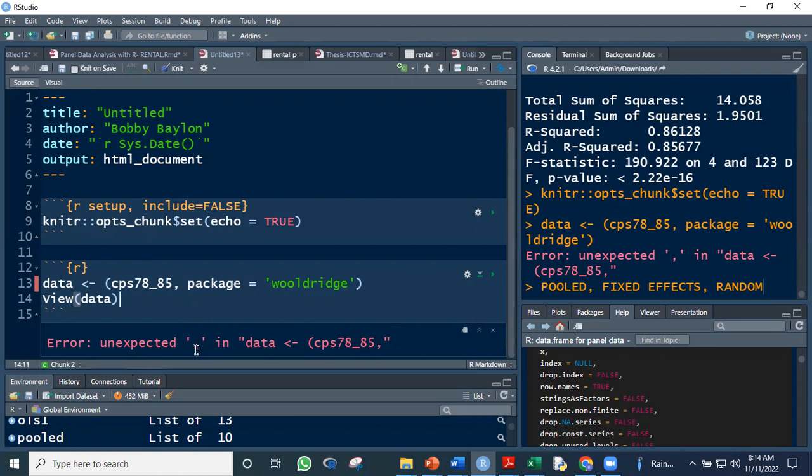Error in... why am I getting an error? Error in comma. Why comma? It doesn't want the single quote.